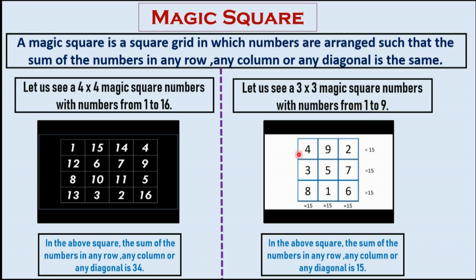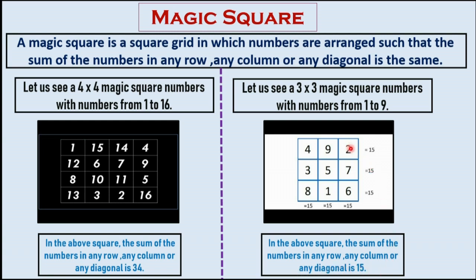Now see, magic square 3 into 3: 1, 2, 3, 1, 2, 3. 3 3s are 9, you will get 9 boxes here. 1, 2, 3, 4, 5, 6, 7, 8, 9. Now see the numbers here. In the above square, the sum of the numbers in any row, any column or any diagonal is 15.